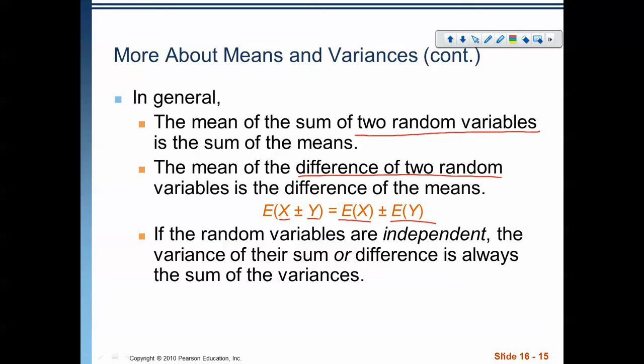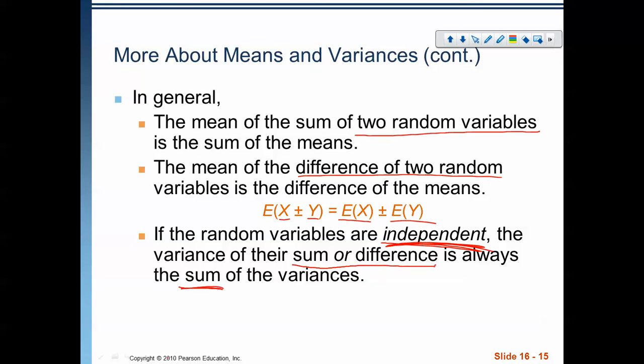However, for the variance, first of all, we can only do this calculation if these random variables are independent of each other. In the case of the two companies, the wages of one company couldn't influence the wages of the other. As long as that's true, we can calculate this. If we can't, then we can't even calculate the variance. The variance of their sum or difference is always the sum.